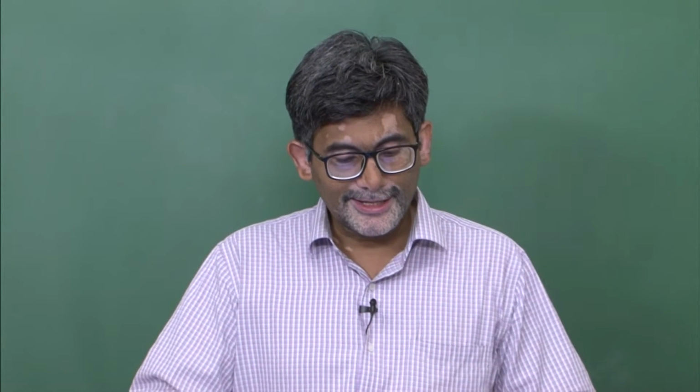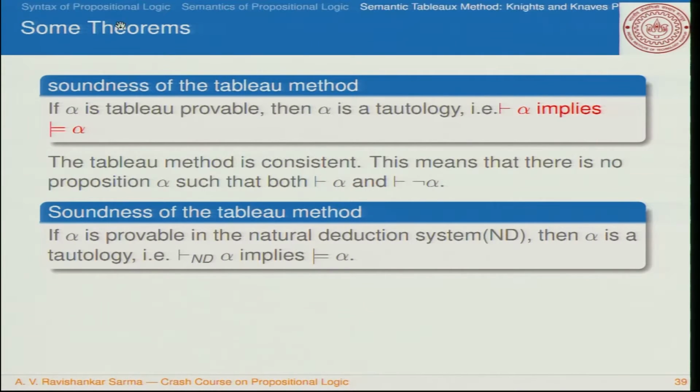So that is what it is saying. If alpha is natural deduction provable, then it also implies that alpha is considered to be a tautology. So anything which is provable has to be true. All the true statements are considered to be provable. So in that sense, propositional logic is considered to be complete.